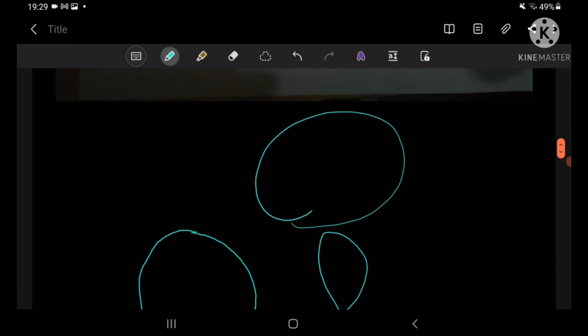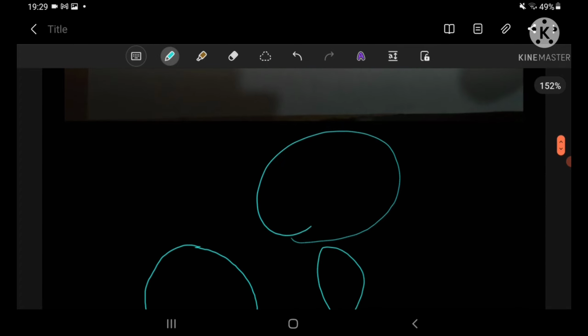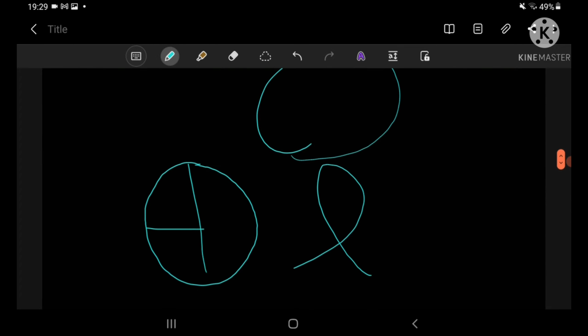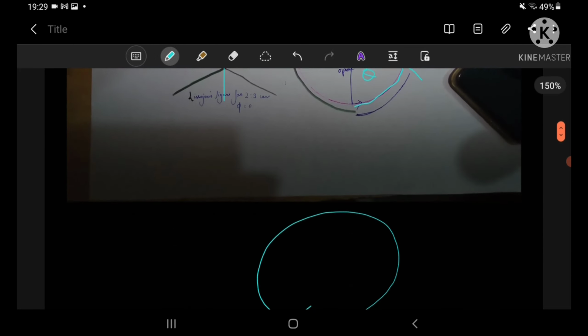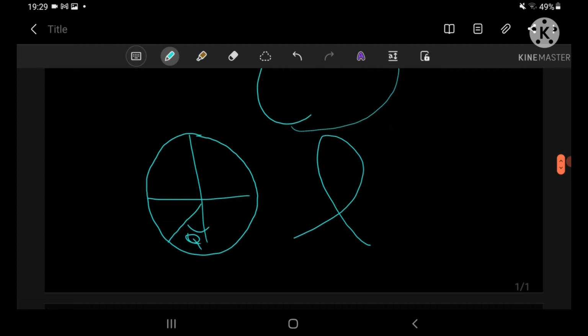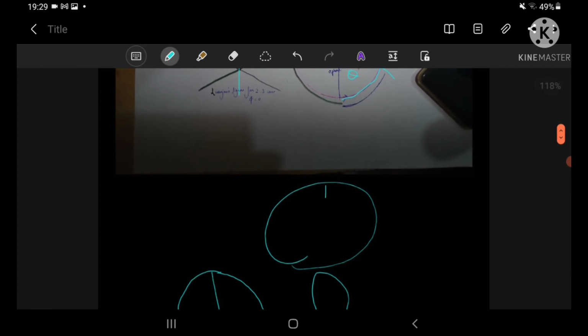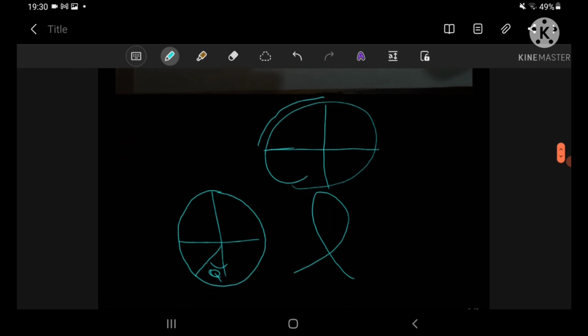I don't draw the circle properly, but still you get the essence, right? This theta, not 0, and also not q, and you will find it here. So this is it.